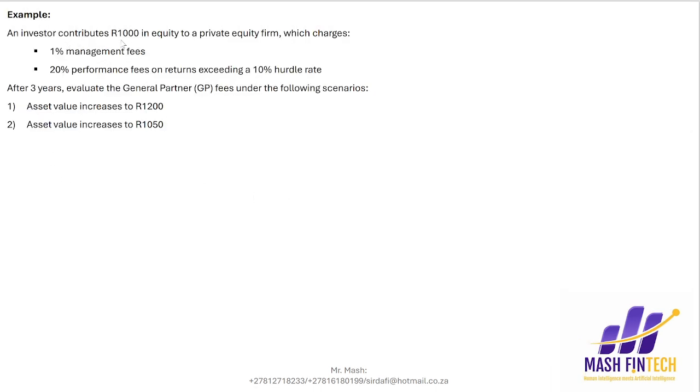An investor contributed 1,000 rands in equity to a private equity firm, and the firm charges 1% for management fees and 20% for performance fees on returns that exceed a 10% hurdle rate. So you see from here that the management fee, the RM, is 1%.